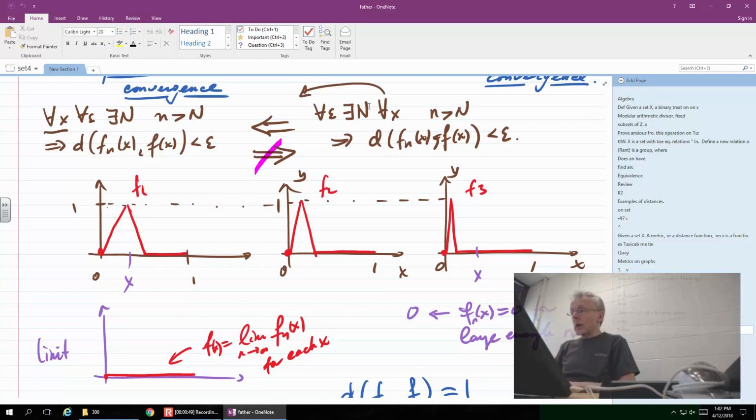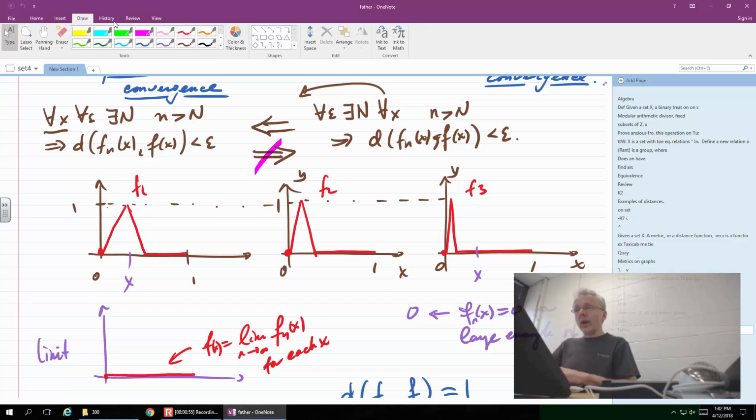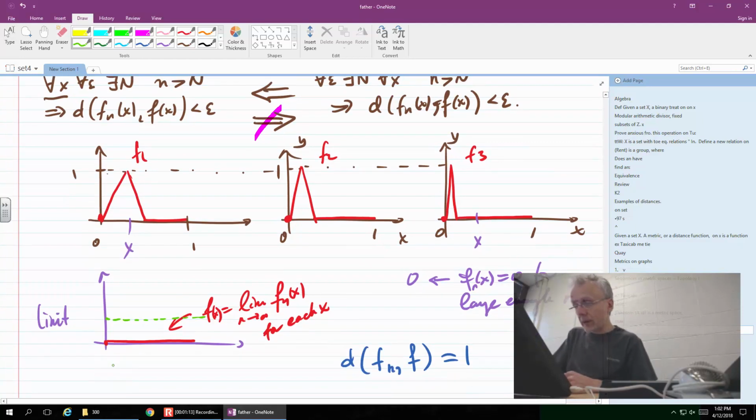So, to see why it is not uniform convergence, remember how we're supposed to fit the sequence, or at least the tail of the sequence, within a certain band around the limit function. If at the bottom is my limit function, then we have to fit the tail of the sequence within this band.